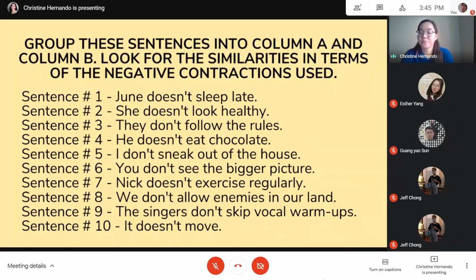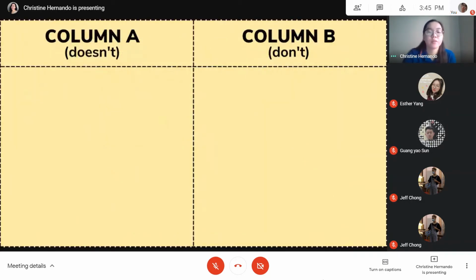Okay, so we shall move on to this slide. So after reading, analyzing the sentences, which sentences do you think belong to column A? Yes, Jeff?